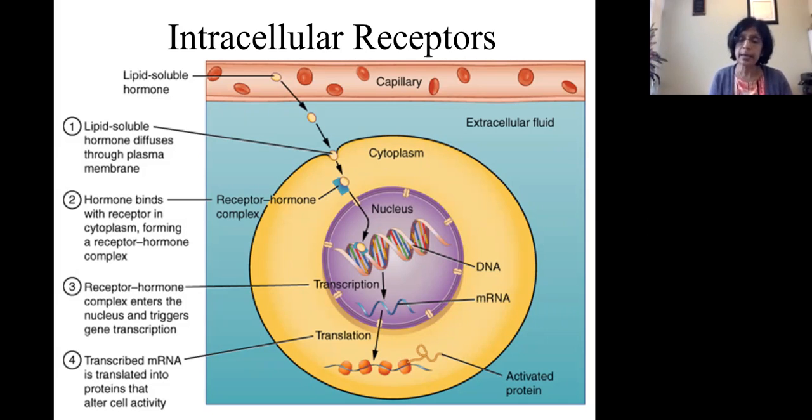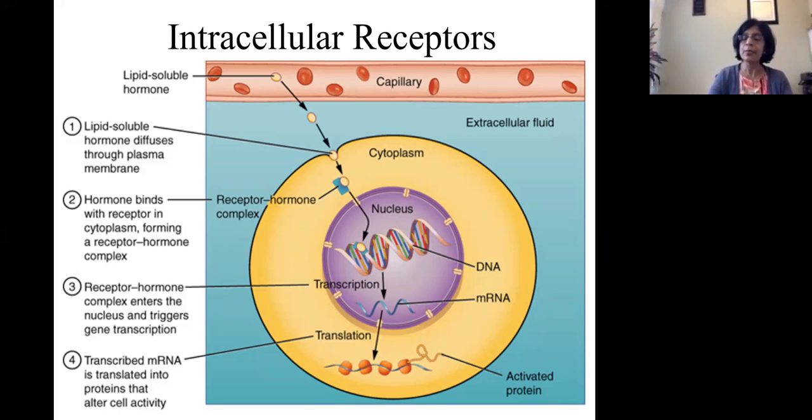This protein could be an enzyme, could be an antibody, could be another hormone. We are not looking at what that is. What we are saying is a hormone is a messenger, and it would make the cell respond to it and do something within the cell. That something happens to be the production of this new protein in this example.